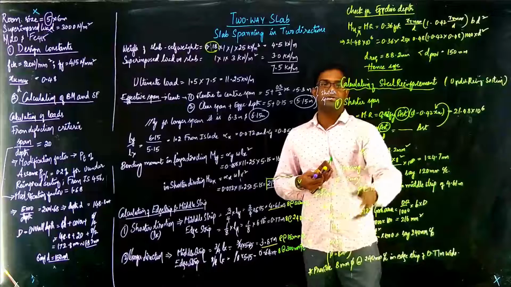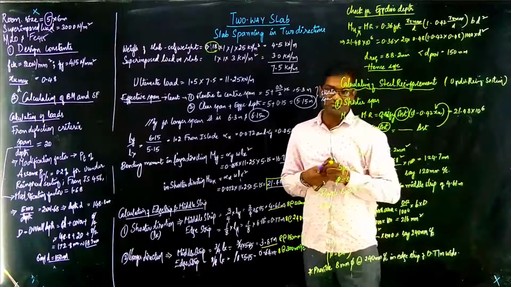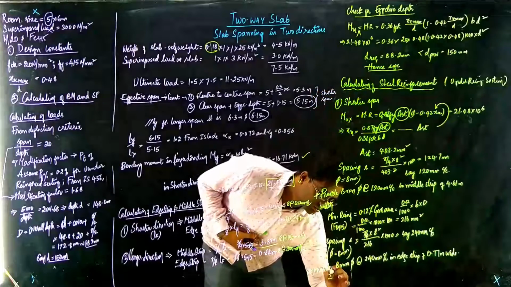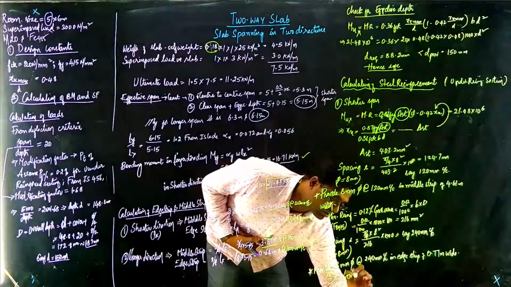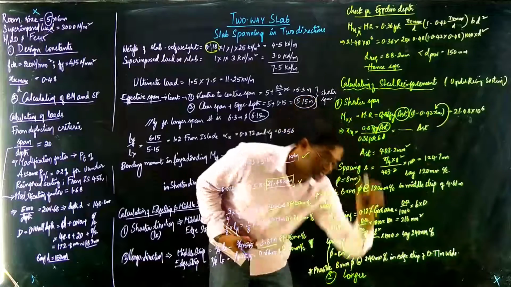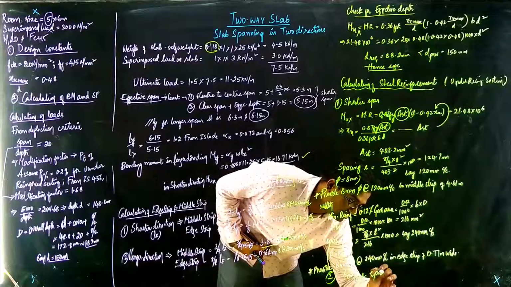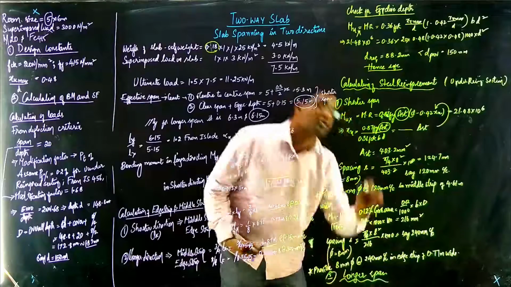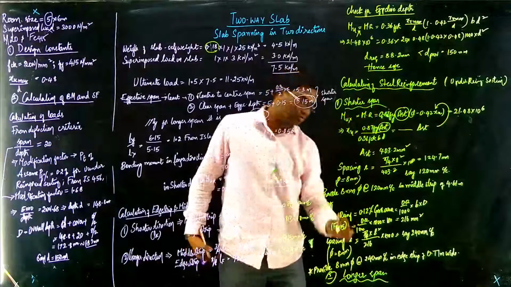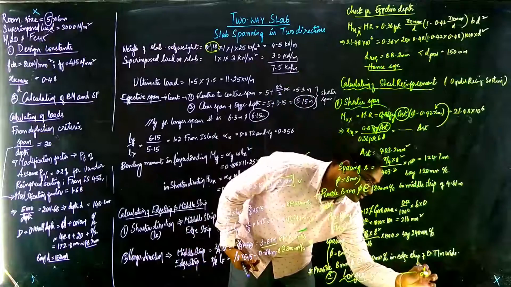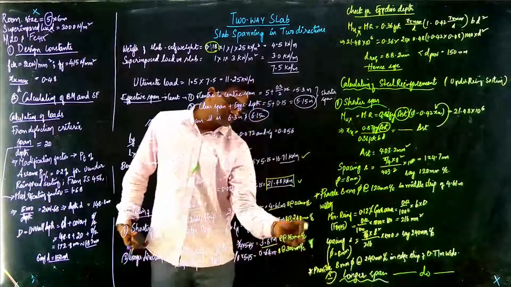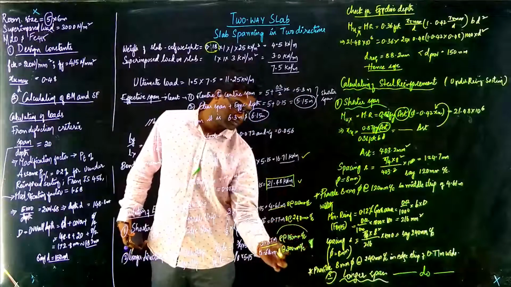So in the next step, when the second step is, third step, second step is what? You need to calculate for longer span, like how I did for shorter span. You have to do, right? This is how you do. I'm guessing that this could be the values.